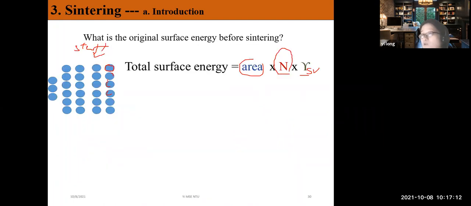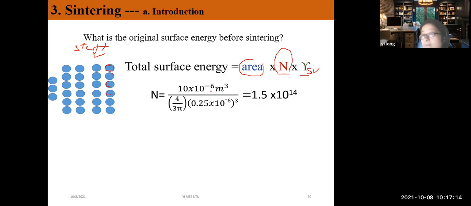It's also an approximation: this is the volume of 1 mole, and you simply divide it by the volume of each particle. Again, it's an approximation. Then you will know the number of particles in 1 mole. Okay, can I move on? Yes or no?